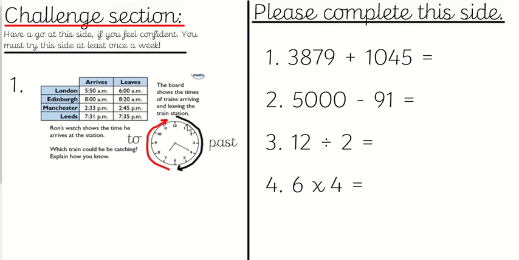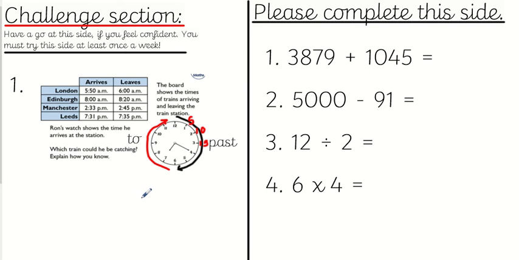So if I go from 12 to 1, how many minutes is that on the minute hand? Well done if you thought it was 5 minutes. So each time the minute hand passes one of the numbers, it's another 5 minutes. So 5, 10, 15. So how many minutes past the hour is Ron's watch showing?